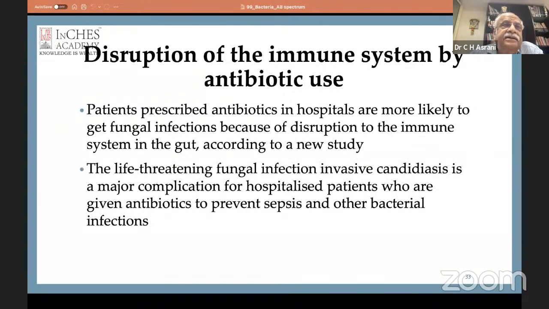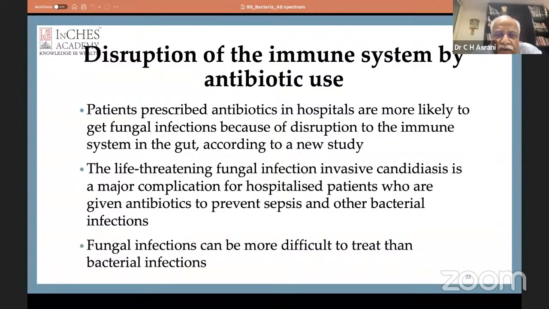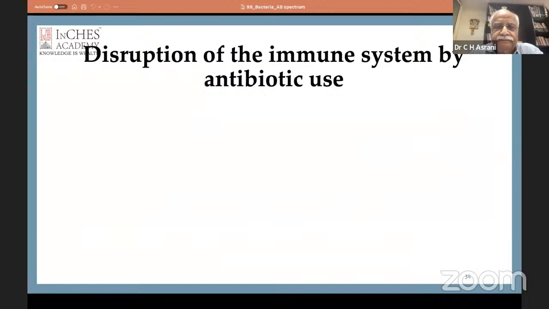The life-threatening systemic fungal infections, not topical, not local, invasive candidiasis, esophageal, intestinal, is a major complication for hospitalized patients who are given antibiotics to prevent sepsis and other bacterial infection. And hospitalized patients generally have low immunity. Fungal infections we know are more difficult to treat than bacterial infections.